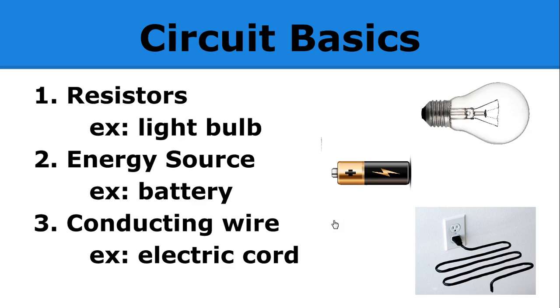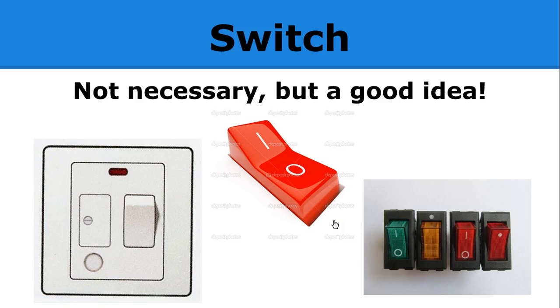You should all be pretty comfortable with all these. Remember, in order to have a circuit, with electric current actually flowing through it, it has to be closed, so when you open it, it stops. Now, a switch is not necessary, but it's a really good idea. If you don't have a switch and you plug something in, it's going to run continuously until you unplug it, until you break that circuit.